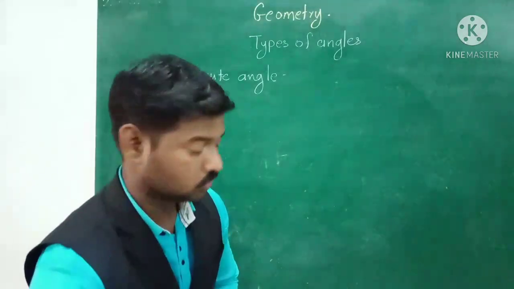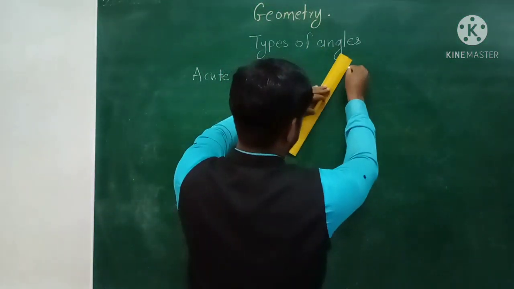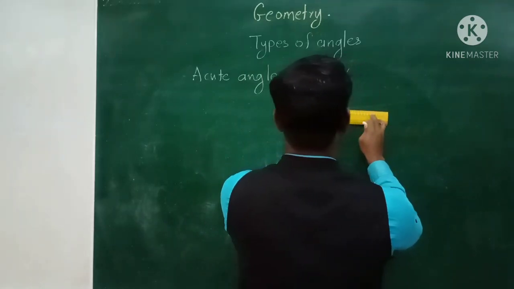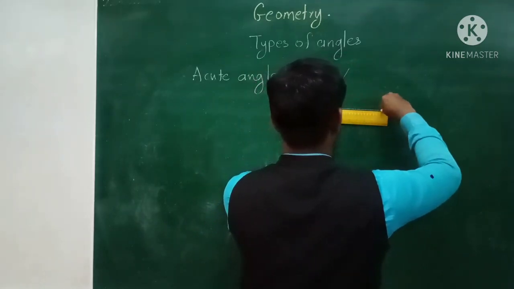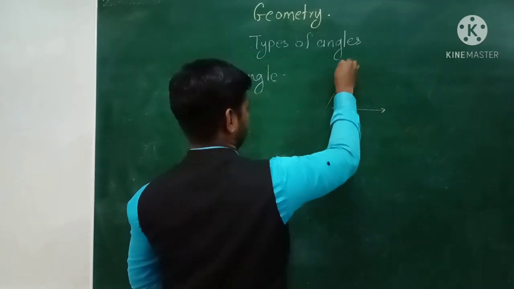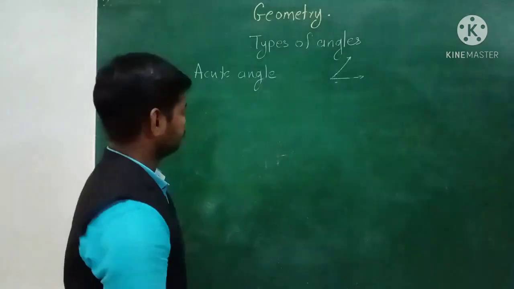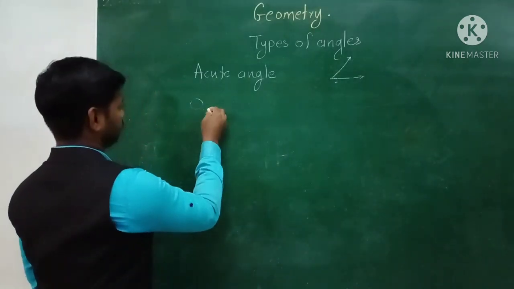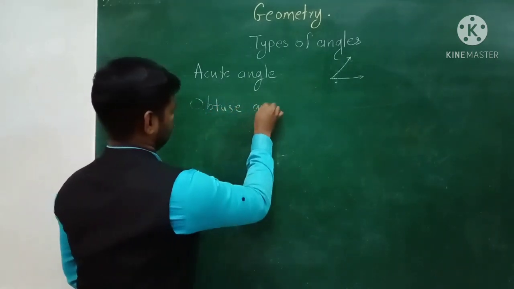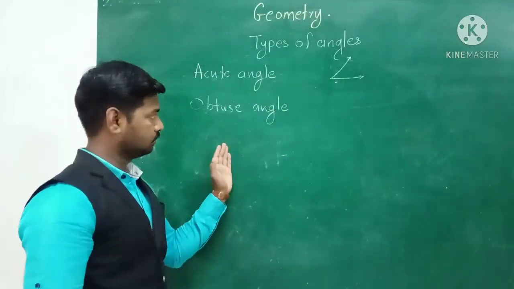So I will show that. Angle ABC is here. Then obtuse angle.